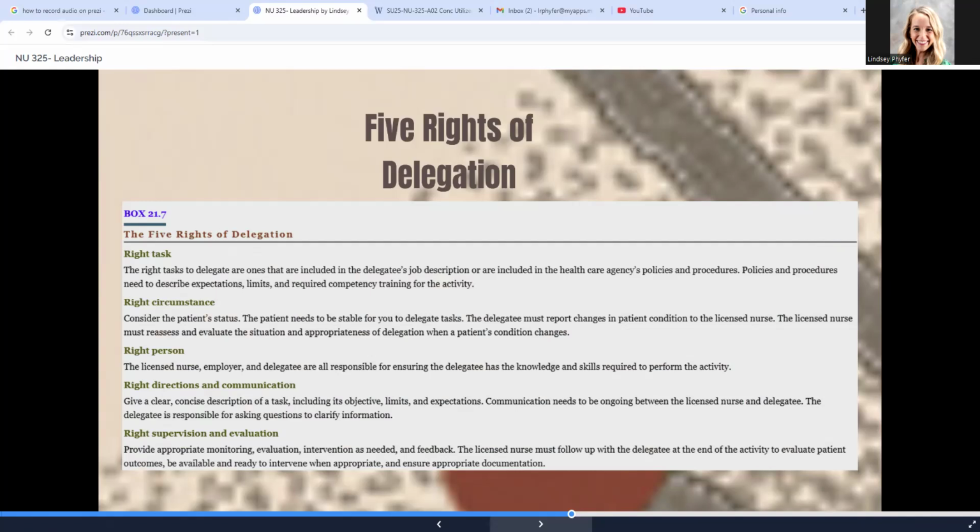So it's being able to identify areas in which tasks need to be delegated to make sure that the nurse is staying on task and managing their patient load appropriately.